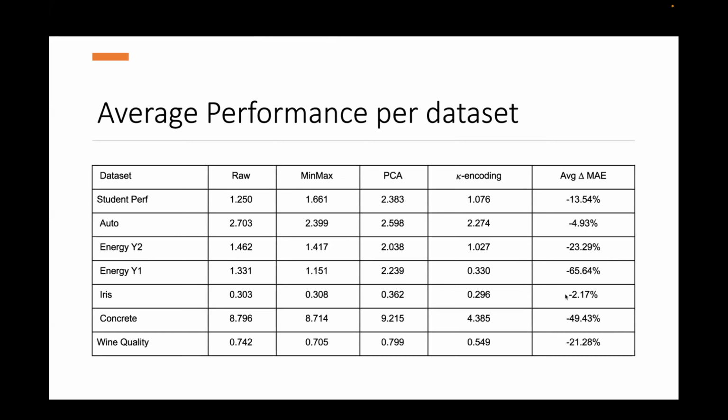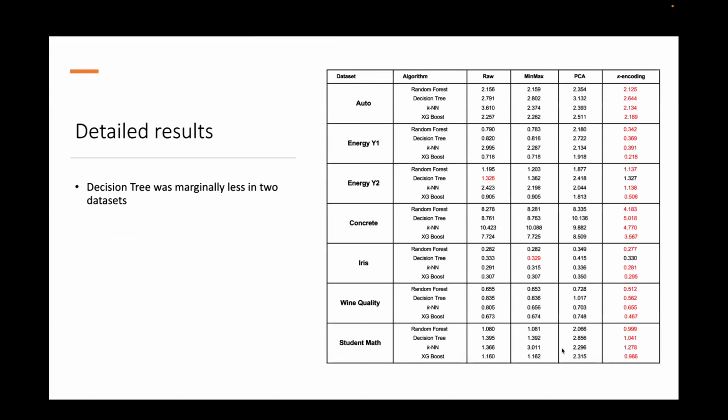So, you could apply this to anything: categorical, ordinal, continuous data. In these cases, these data sets are a mix of all three. And we still see improvements across the board. One interesting thing we noticed here was decision tree. The raw was 1.326, and then the kappa encoded was 1.327. So 0.001 more.